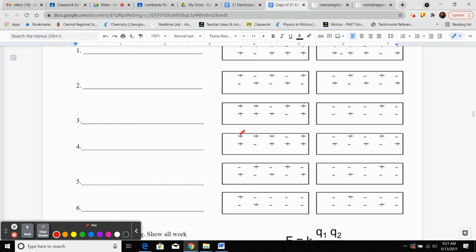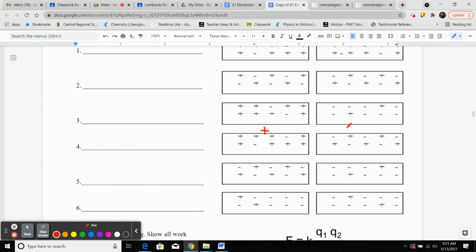How many positives do we have here? We got 1, 2, 3, 4, 5, 6, 7, 8, and 2 negatives. So this is just overall. I'm going to say, okay, this dude is positive. What about this guy? I have 1, 2, 3, 4, 5 negatives, and 1, 2, 3, 4, 5 positives. So same number and same number.